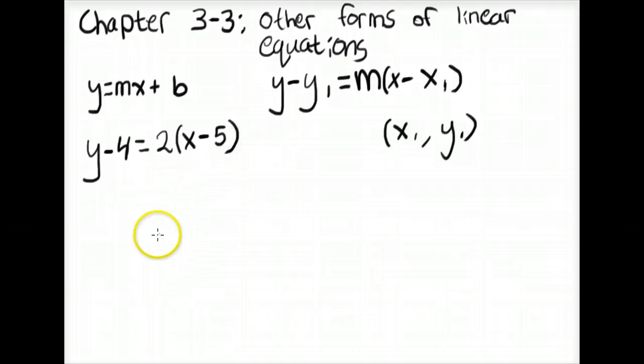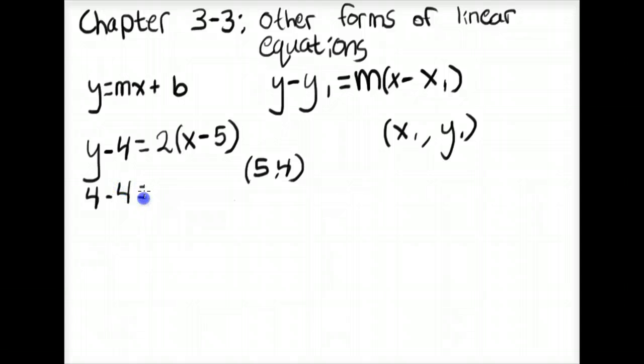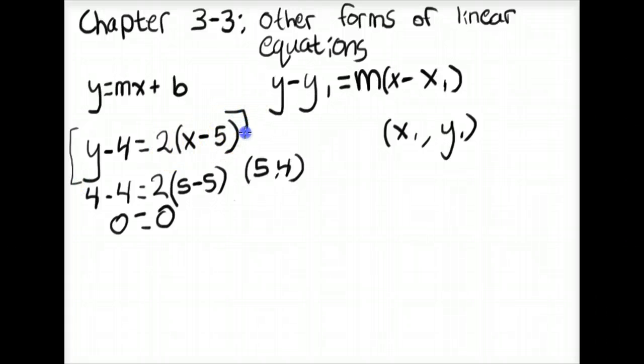If we substitute the point 5, 4 into this equation, where x equals 5 and y equals 4, we get 4 minus 4 equals 2 times 5 minus 5, which is 0 and 0. This is a true statement. That means when we're in this form, y minus 4 equals 2 times x minus 5, the point (5, 4) must be on that graph.